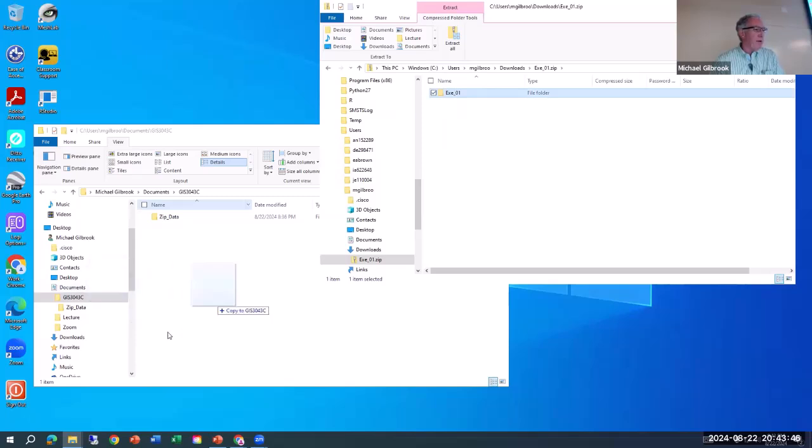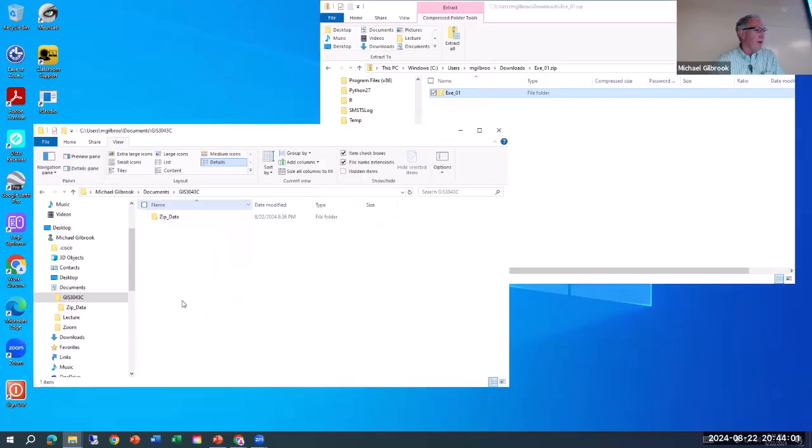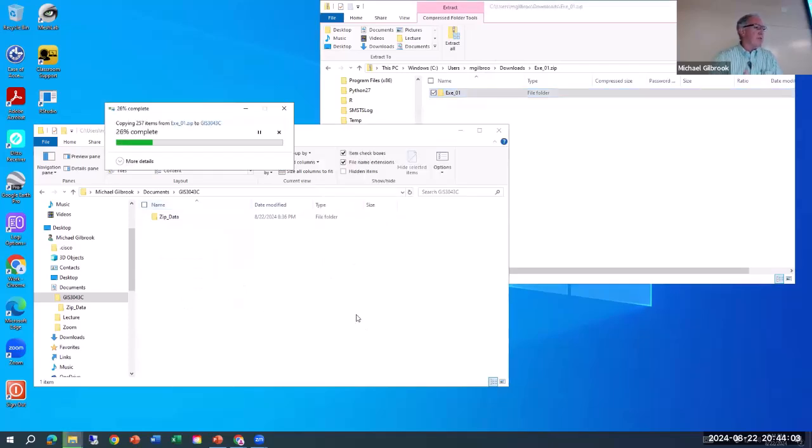You can either drop it here in this white area or drop it on top of the GIS folder itself. You always want to be able to see where you're going. If you can't see the GIS folder on the left, it's going to be confusing. But drag and drop that exercise1 over here and let go. What that does is extract the compressed data from the zip file and copy it to this GIS folder.